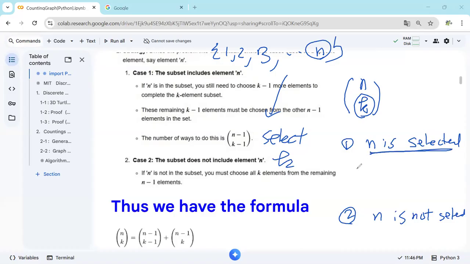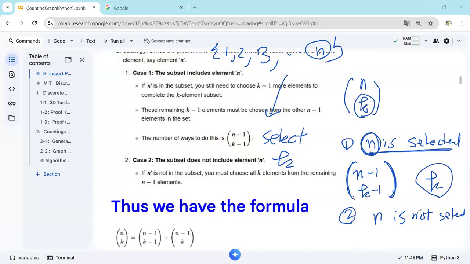So the left out is n minus one. From this n minus one left out, you must choose k minus one elements, and then adding this one, the total is k elements. Okay, so when n is selected, there are this many ways to select another k minus one elements.